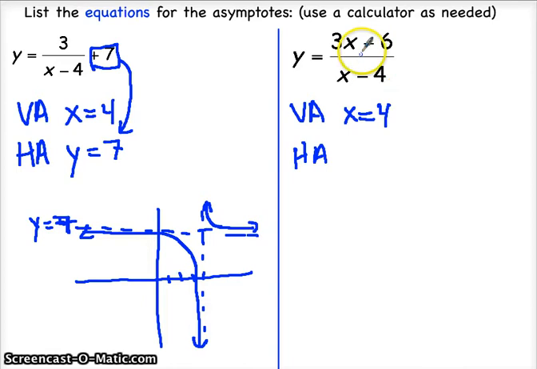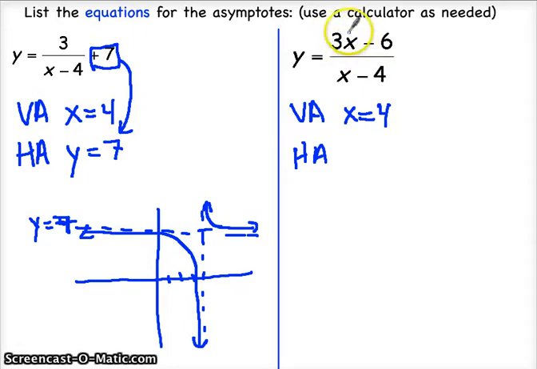Now on this function, however, because there's an x on the top as well, we want to think more about a comparison. So when the x becomes very, very large, again, the bottom of this fraction is also going to become very large, but so is the top. The big thing we want to remember is when you plug in something like a million minus 6 versus a million minus 4, those extra little parts aren't going to matter all that much. It's all about whatever the term of highest degree is.